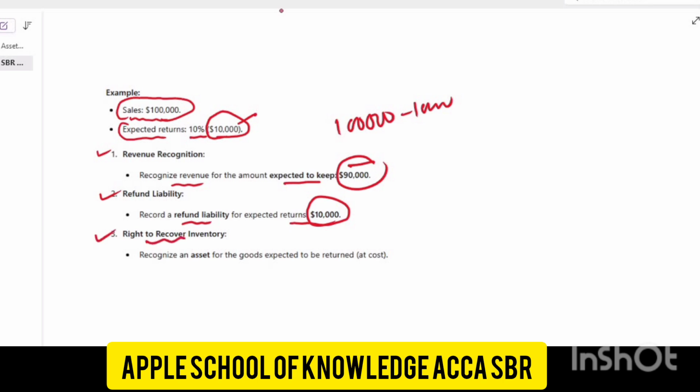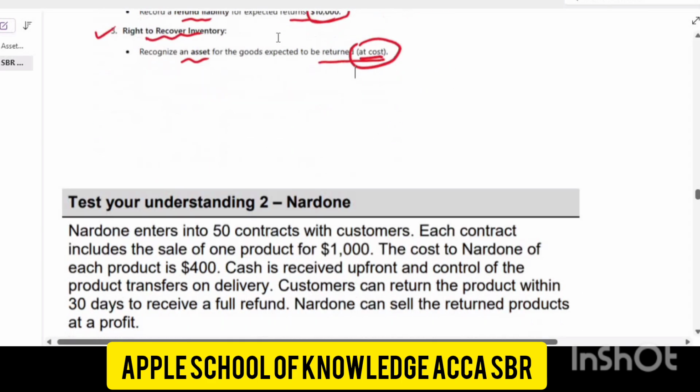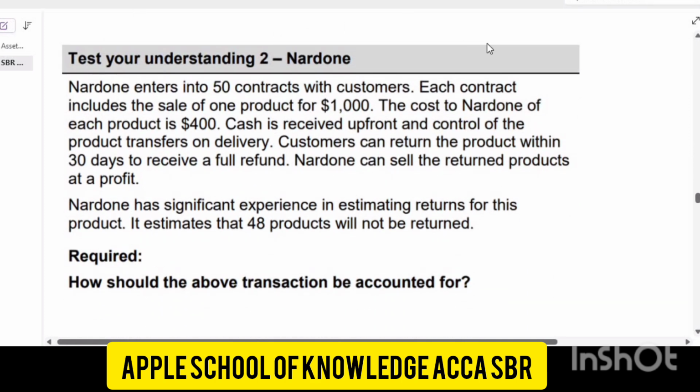And then the right to recover inventory: you are selling the asset, so if the customer returns it, you have to recognize an asset for the goods expected to be returned, at cost.